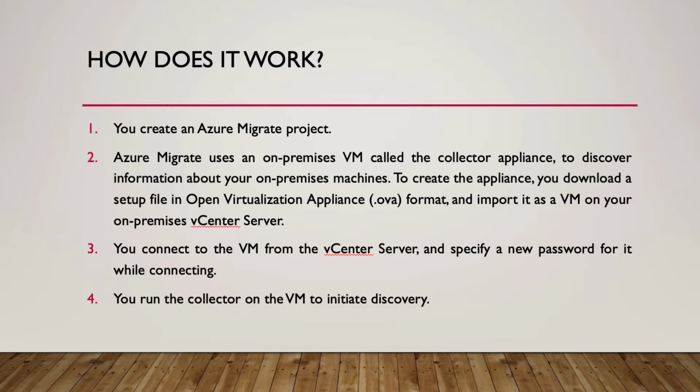Next step is you connect to the VM from the vCenter server and specify a new password for it while connecting. Then you run the collector on the VM to initiate the discovery. You're going to see these in action during the demo video.